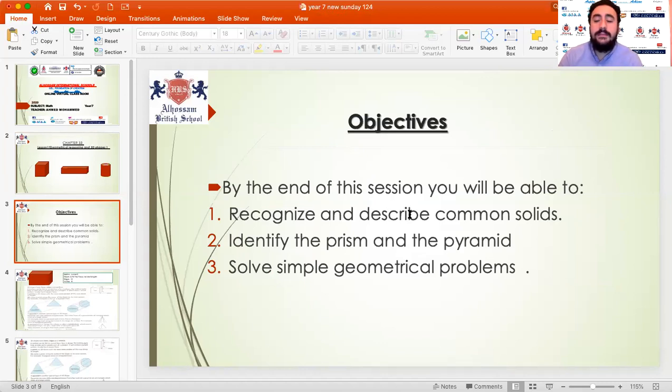Identify the prism and the pyramid: when do I say that this shape is a prism or a pyramid? And then solve simple geometrical problems about the properties of some 2D shapes. So we are going to identify the 3D shapes, and then solve examples about the 2D shapes.